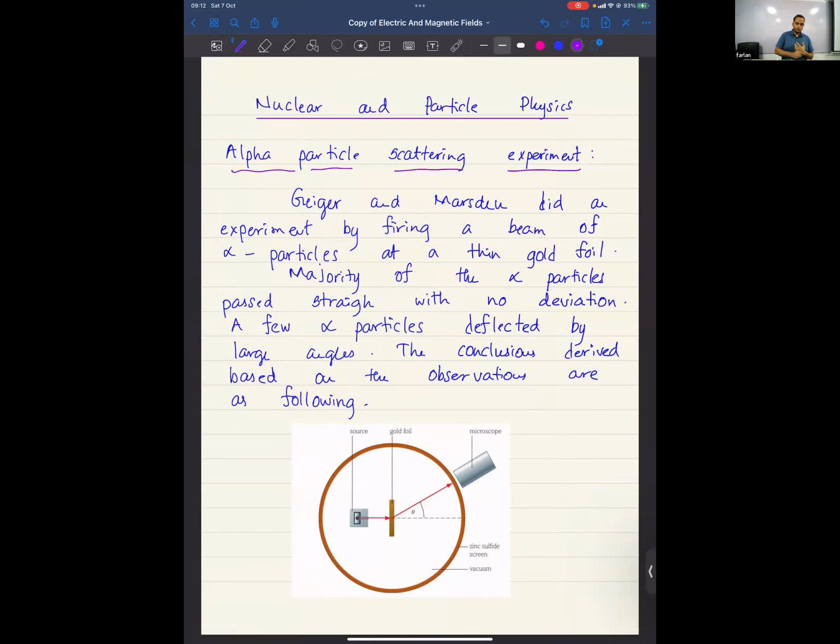Full stop. The majority of the particles passed straight with no deviation.